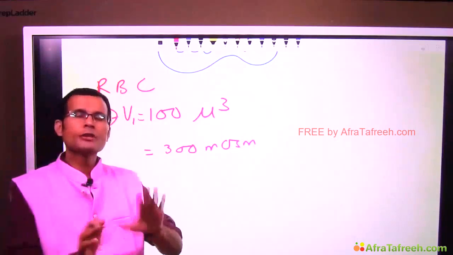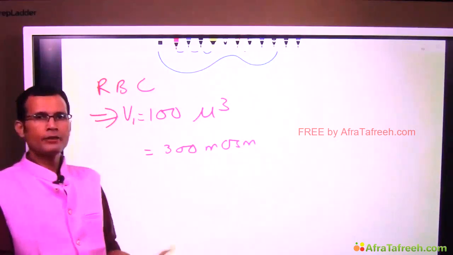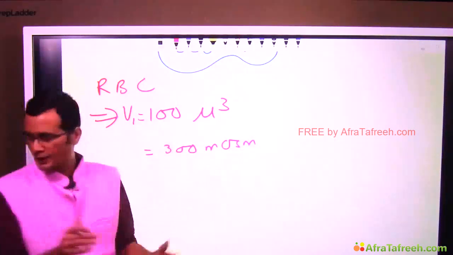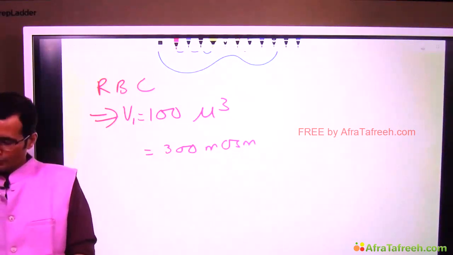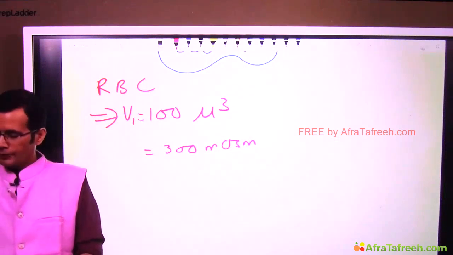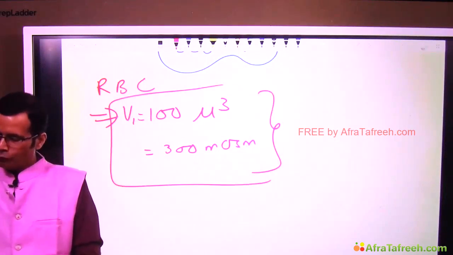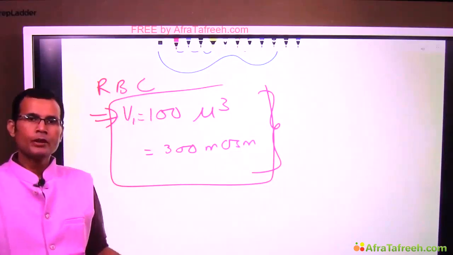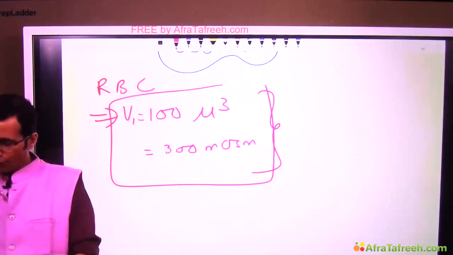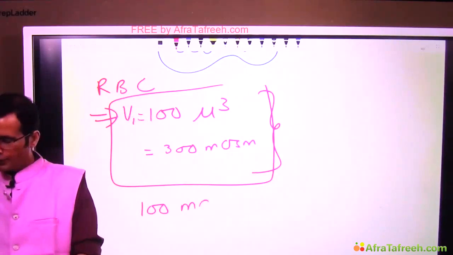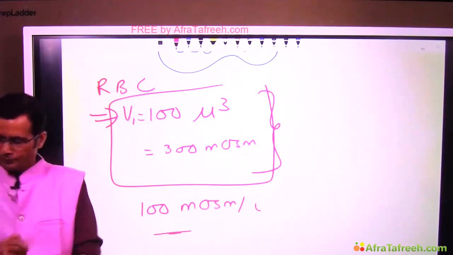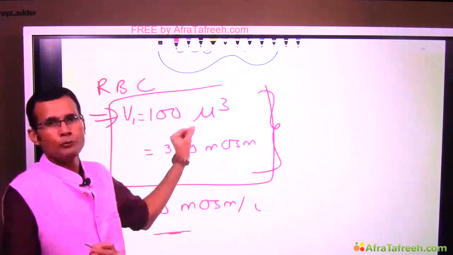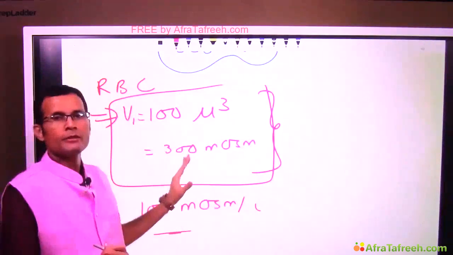I am using the terms osmolarity and tonicity interchangeably here. This RBC was placed in a solution having the tonicity of 100 milliosmoles per liter. What will be the final cell volume? What will be the final volume of the RBC?